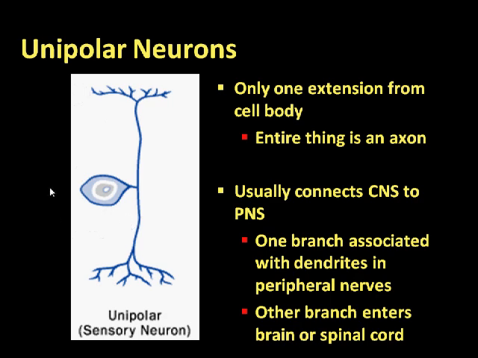It usually connects the central nervous system to the peripheral nervous system, so this would most likely be located in the spinal cord. And we'll take a look at that a little bit later on. And again, there's one branch here that would associate with dendrites and the peripheral nerves, and the other branch would associate with nerve tissue in the brain or spinal cord.